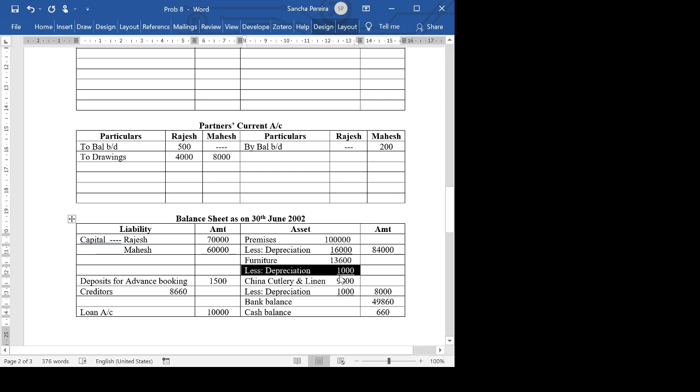So that will be 1360. So that comes to 12,240.